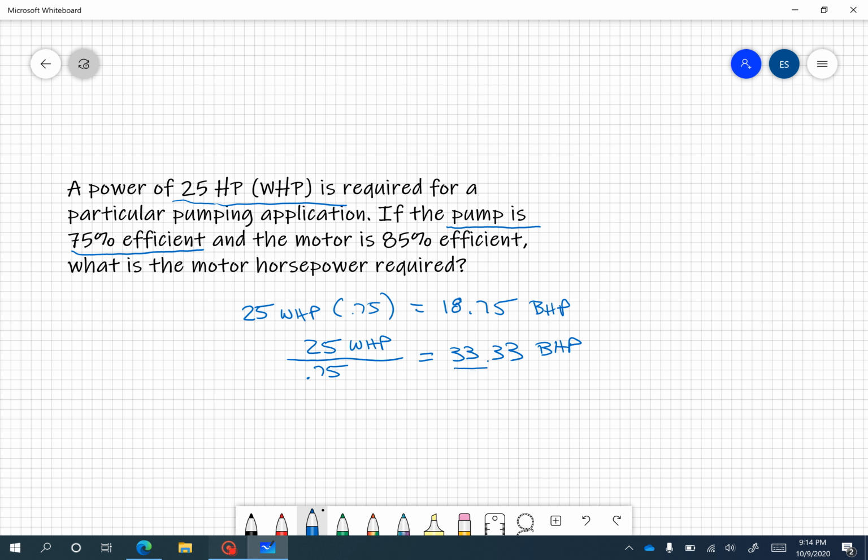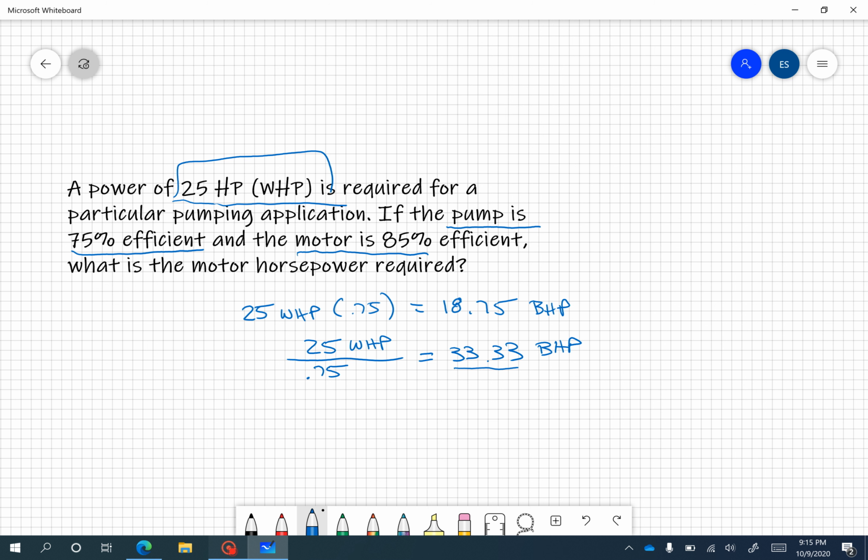It's 33. And does that make sense? Yes, it does. So now we've calculated brake horsepower. How much motor horsepower is required to supply this 25 horsepower? So remember, we need to produce 33 1/3 brake horsepower.